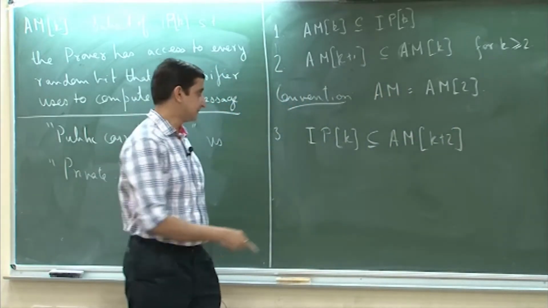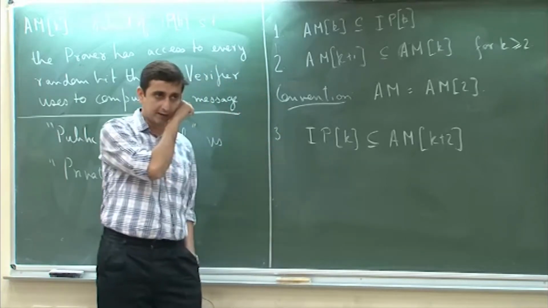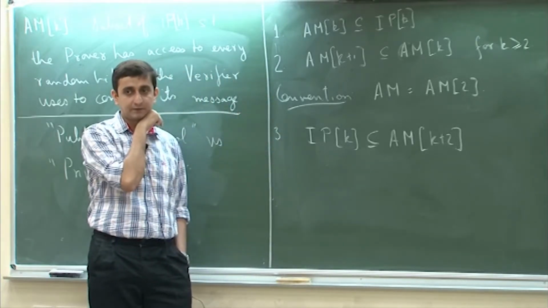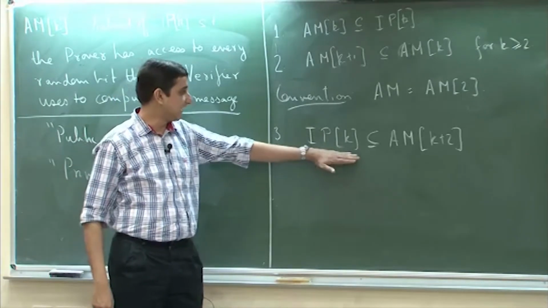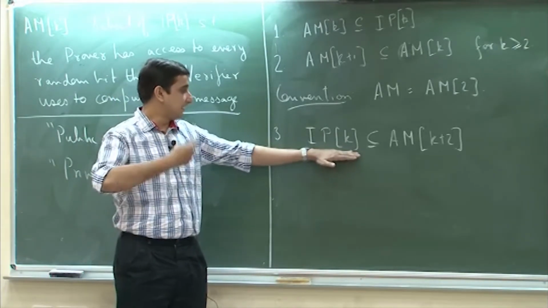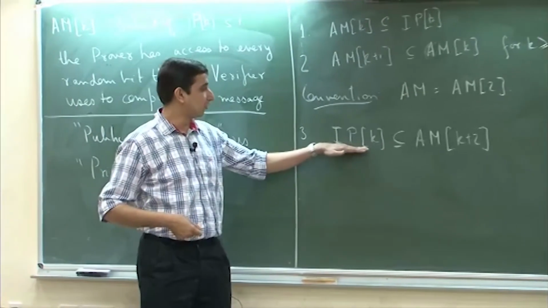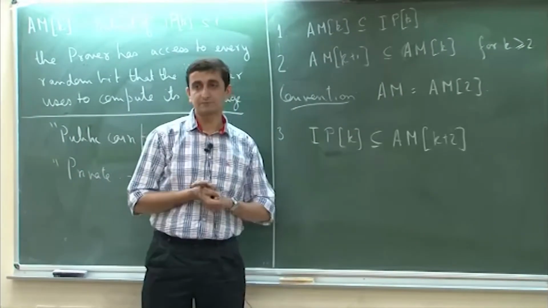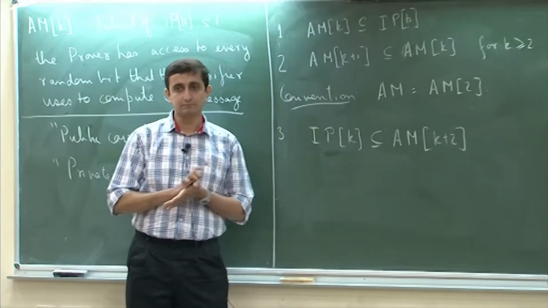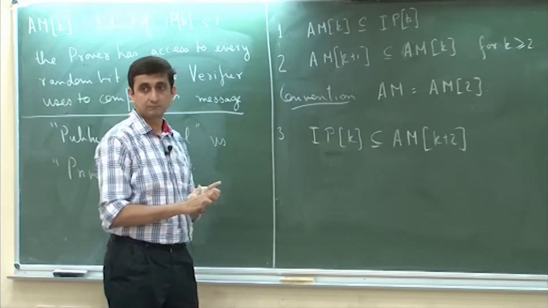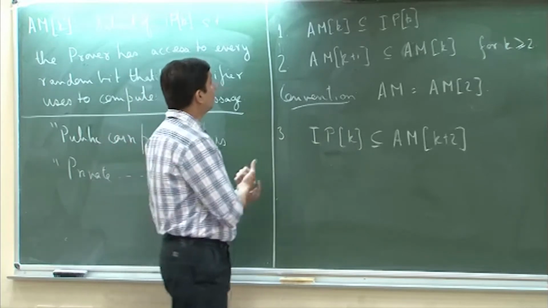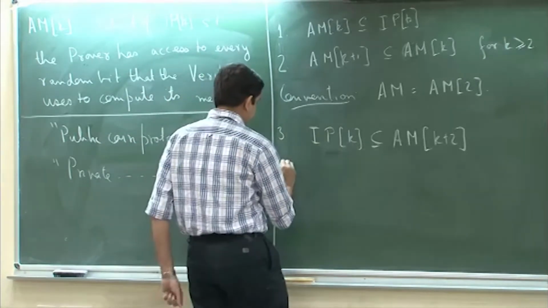This is again something non-trivial, and we will look at a proof of this later on. Because of this, any constant rounds of the IP protocol can be brought down to 2 rounds.